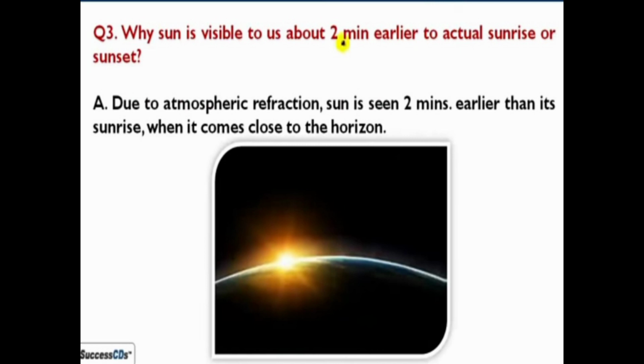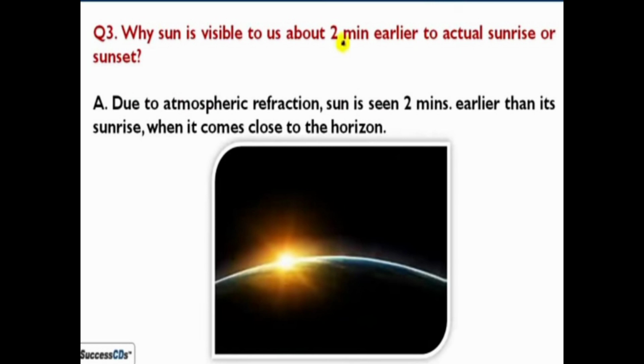Now, another question is why the sun is visible to us about 2 minutes earlier than the actual sunrise or sunset. It is also due to atmospheric refraction, because when the sun comes closer to the horizon, it appears bigger, or we can say it appears that we can see the sun.